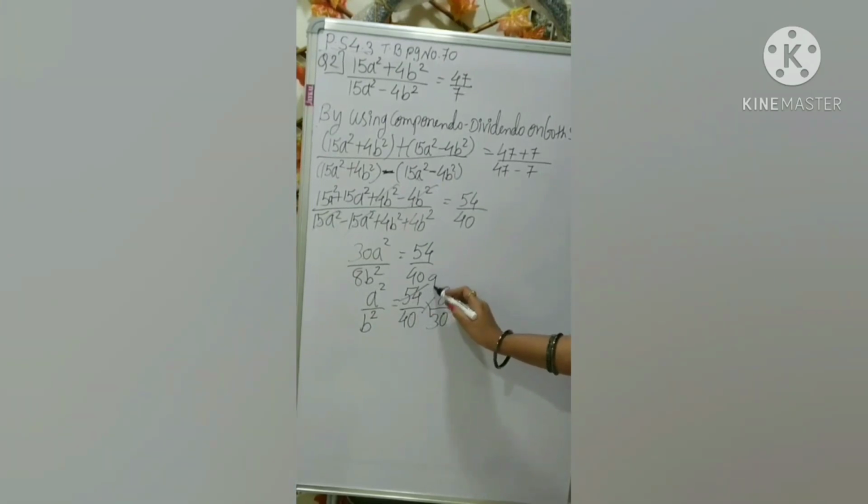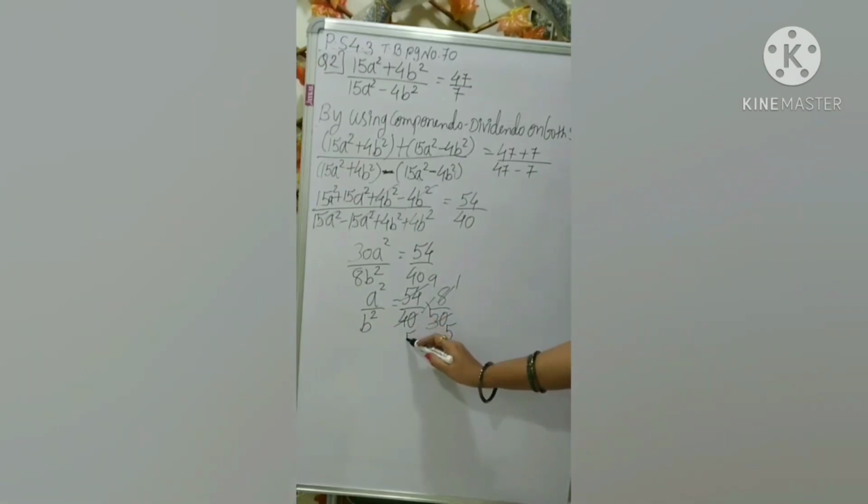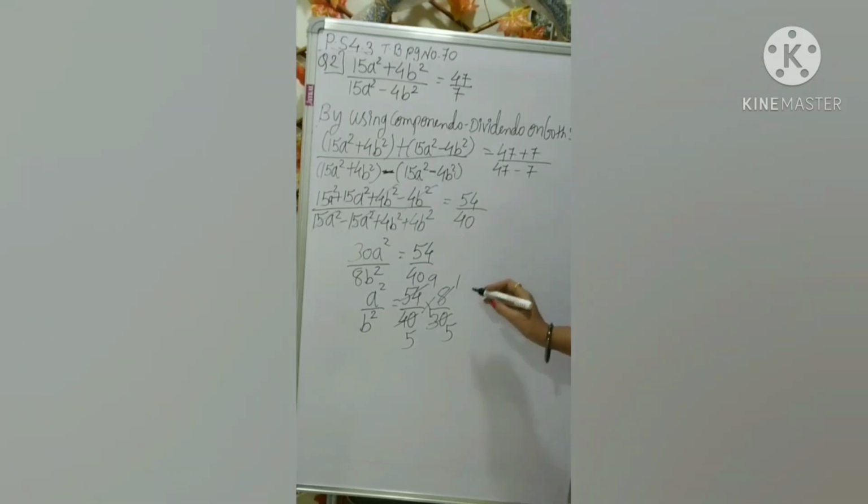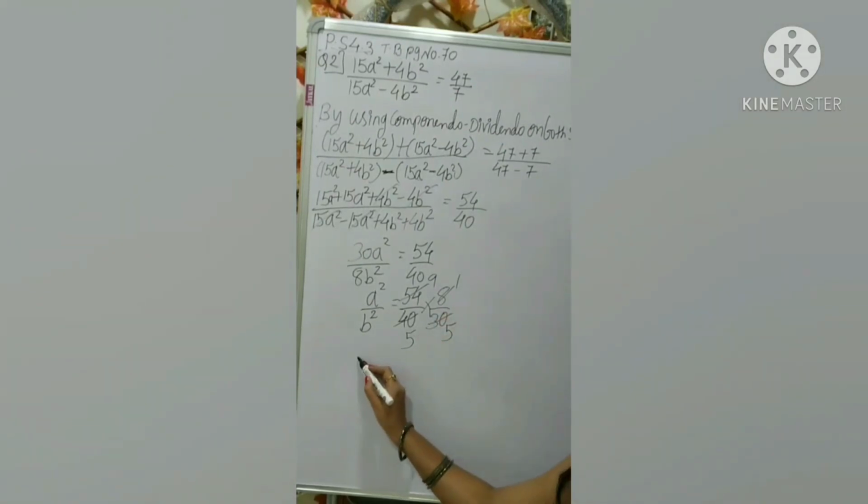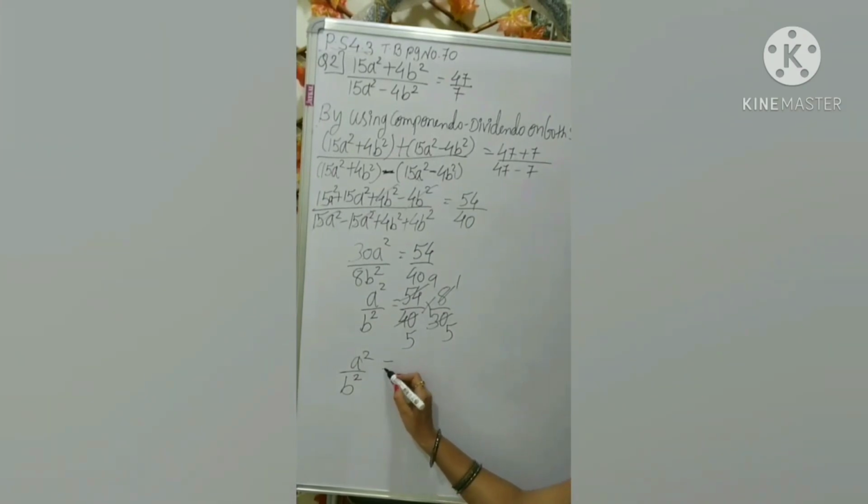Now 6 9s are 54 and 6 5s are 30. 8 1s are 8, 8 5s are 40. So the final answer over here is a square upon b square is equal to 9 upon 25.